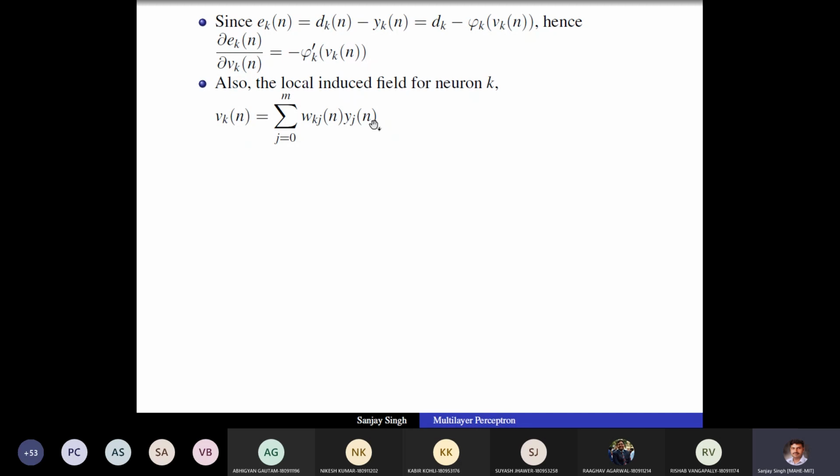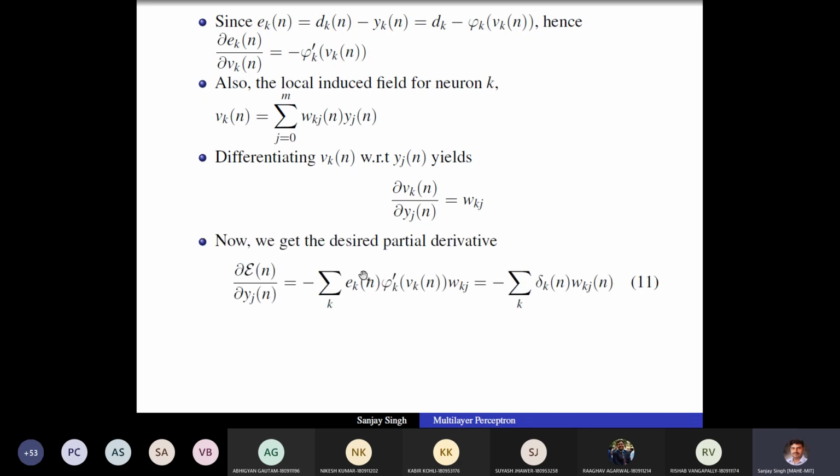So wkj(n) and yj(n). So we have this Vk. Now we can differentiate Vk with respect to Yj very easily. So ∂Vk by ∂Yj is nothing but wkj.